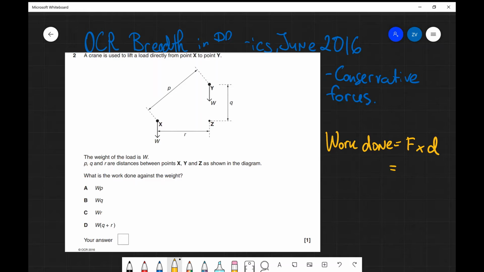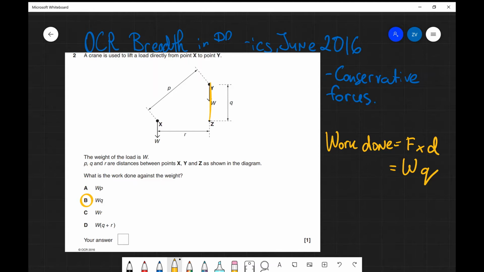So in this case, the force which we are working against is the weight, and the vertical distance along this line over here is just Q. So the correct answer is B. Work done is W multiplied by Q.